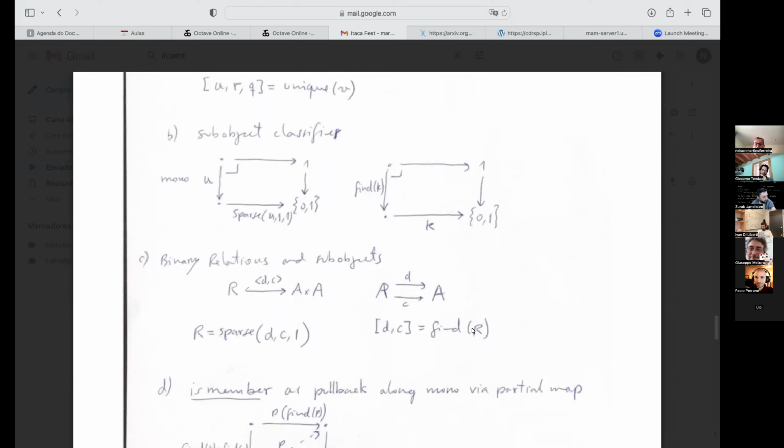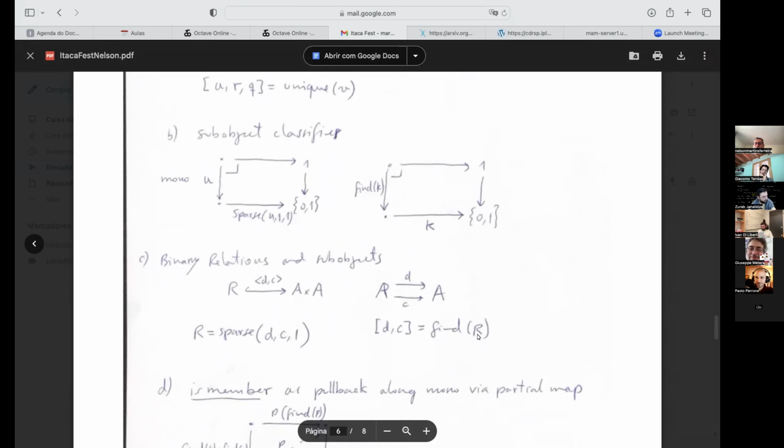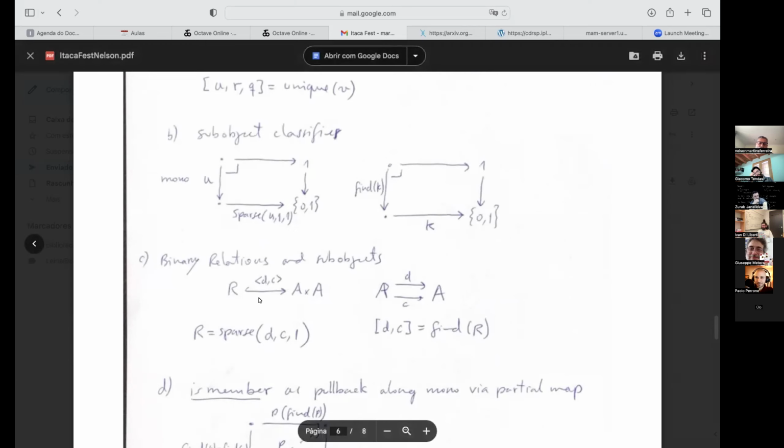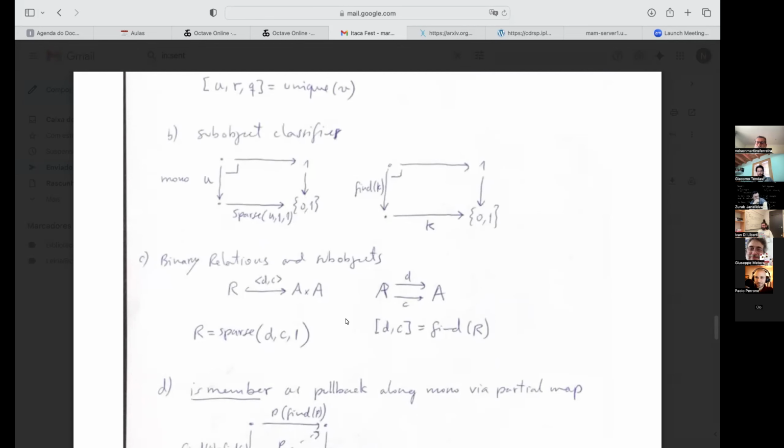Given a binary matrix, when we do find, we extract D and C, and we move from the adjacency relation, the adjacency matrix of the relation, to the associated graph, and vice versa. If you have the graph, we move to the adjacency matrix by this function, sparse.